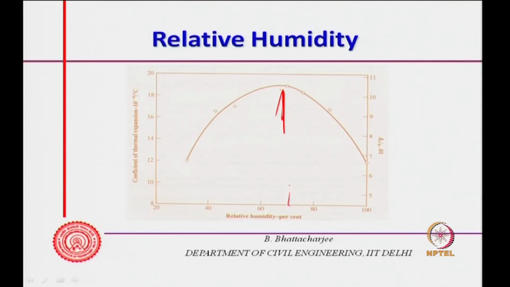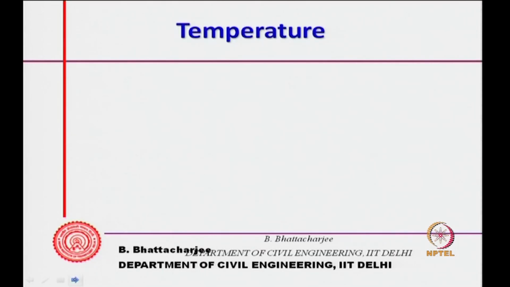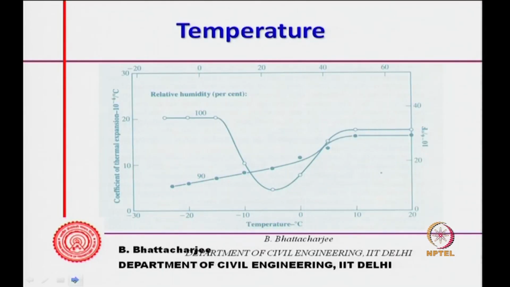So, the most important properties are the aggregate content, modulus of elasticity of aggregate, modulus of elasticity of the paste, and paste thermal coefficient of expansion, which is again governed by relative humidity or moisture content, and also dependent on temperature.